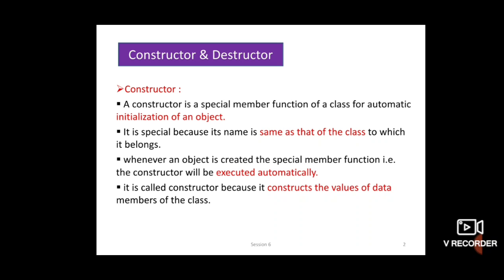So it is called a constructor because it constructs the values of data members of the class. Understood? Constructor is the special member function. The constructor name and class name are both the same, and it is automatically executed when an object is created.